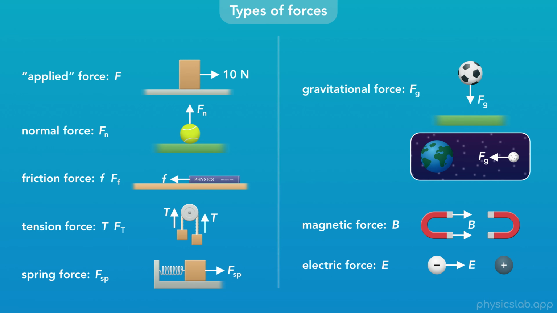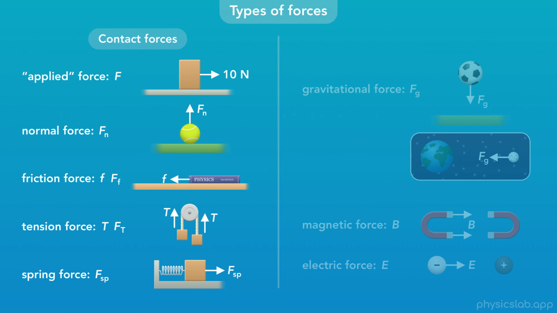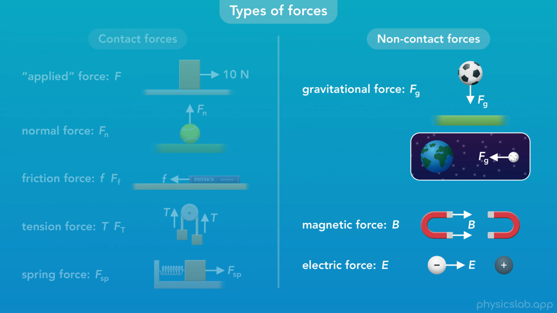You might have noticed that the forces on the left exist between two objects that are touching each other, and the forces on the right exist even though the two objects are some distance apart. We call the forces on the left contact forces, and the ones on the right non-contact forces. The Earth exerts a pulling force on an object even if it's far away.